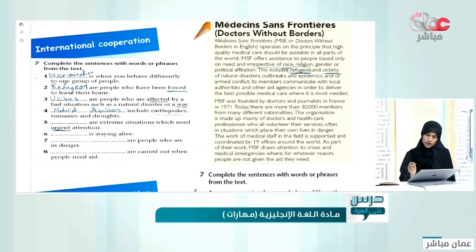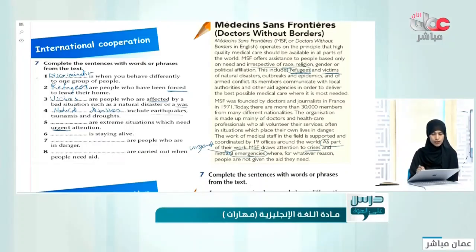needs attention. So if we read the second paragraph here, as part of their work, the MSF draws attention to crises and medical emergencies where for whatever reason people are not given the aid they need. Because there's the word emergency here, of course it's urgent. An emergency is urgent, and because I only need one word, the answer is going to be crises, which is the plural of crisis.